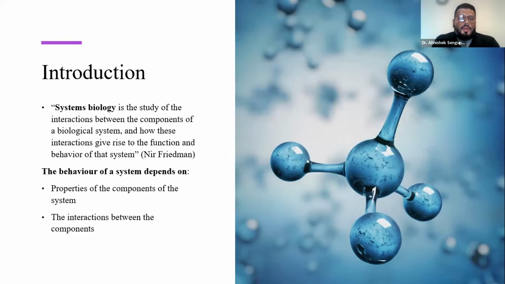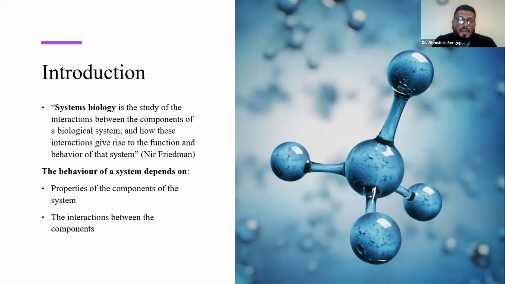So let's start with some basics, for beginners who have never come across this field of science: what is systems biology? Systems biology is when we study the components of any biological system and their interactions, and how those interactions give rise to certain functions and behavior of that system.